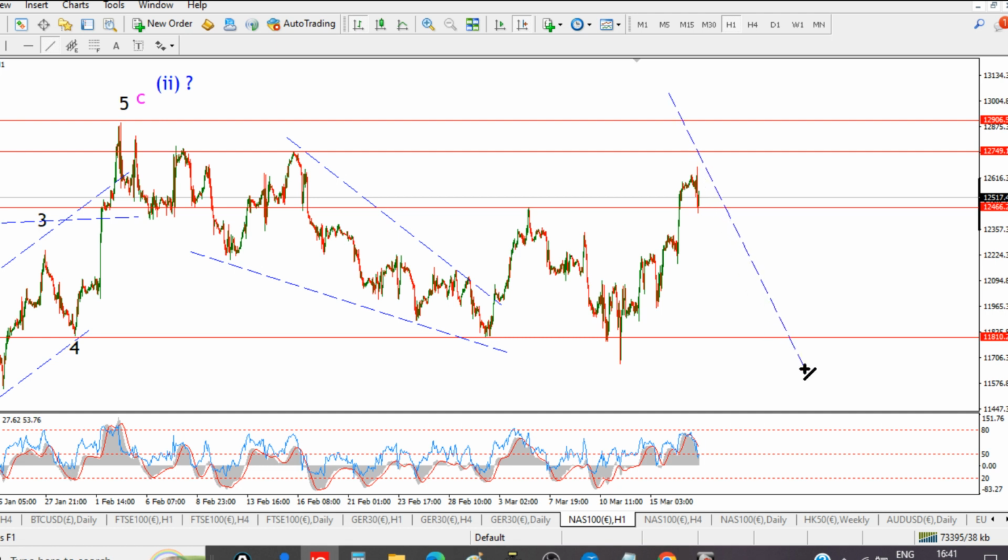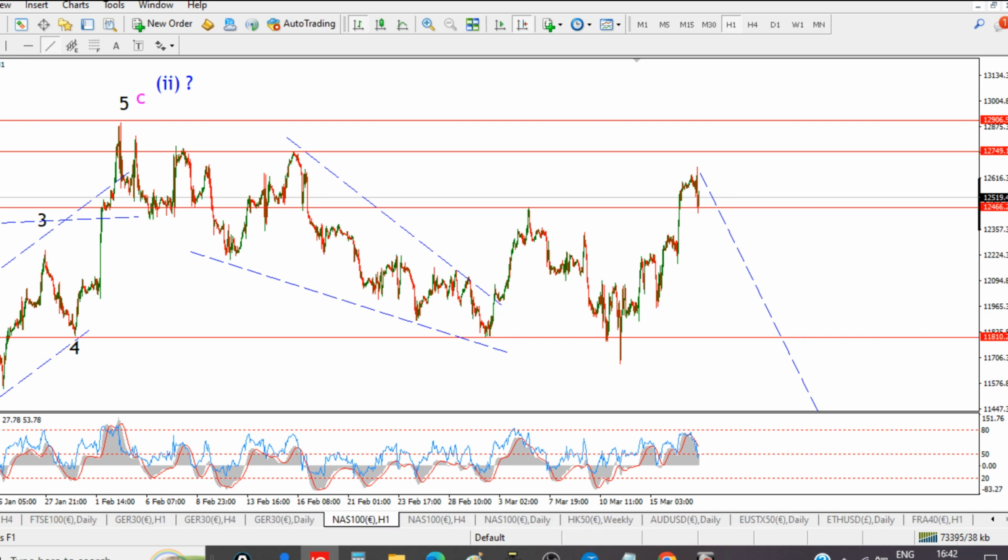And if the third wave decline does materialize like I think it will in the wider market, then the NASDAQ is not going to buck that. It's going to go with it. So let's see if that is an expanded flat correction, the second wave. Let's see if we get a turn down into a third wave next week.